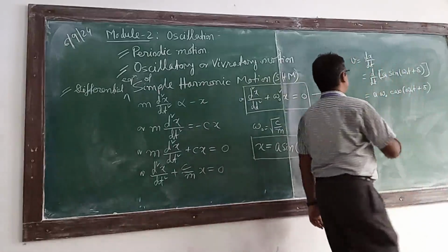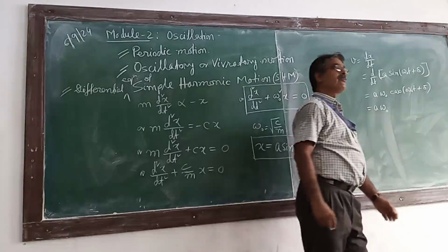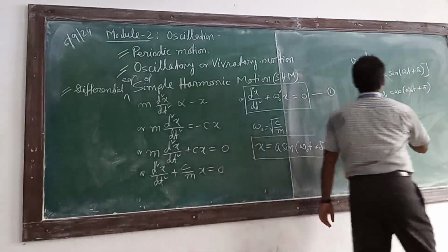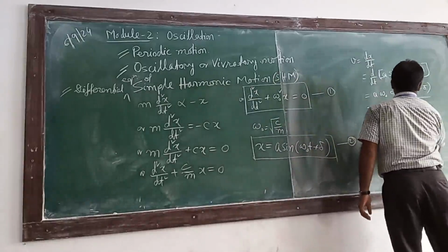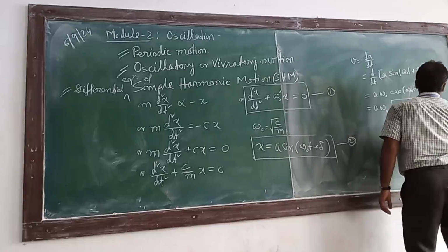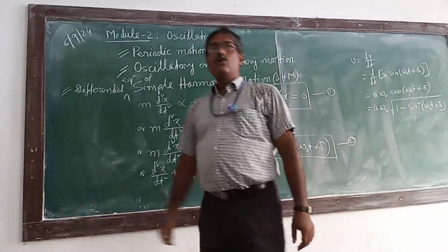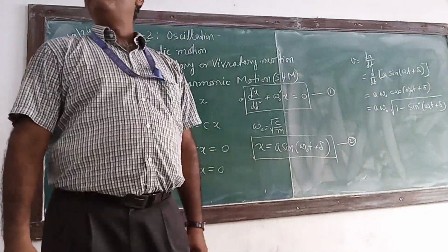So this is equal to a omega naught root over 1 minus sin square(omega naught t plus delta). Cos theta equals root over 1 minus sin square theta.